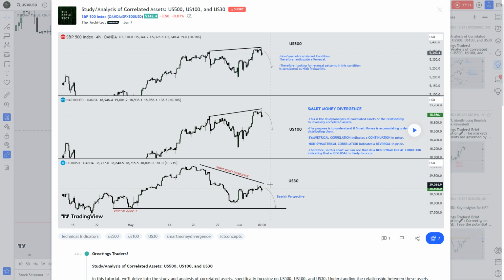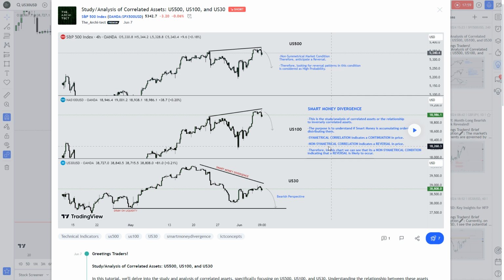And the reason for that is because smart money is the only entity that has the liquidity to do such a thing. So this gives you an idea: the moment you start to see a non-symmetrical market idea, we understand that these two are trading symmetrically. They both made higher highs, whereas this one did not make a higher high, it made a higher low.